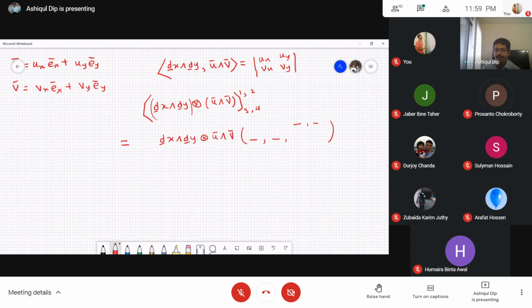Yeah, I think you have to write it in the opposite way, slots. The upper slot, two upper slots, then two lower slots.